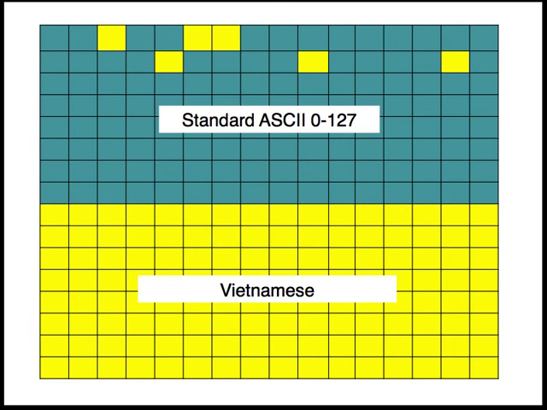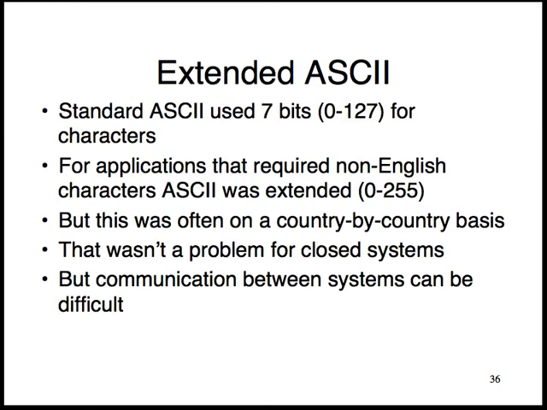So if you were expecting a standard ASCII document and it had Vietnamese in it, there was a slight chance that if you sent it to a really old printer or something, it might go bananas.